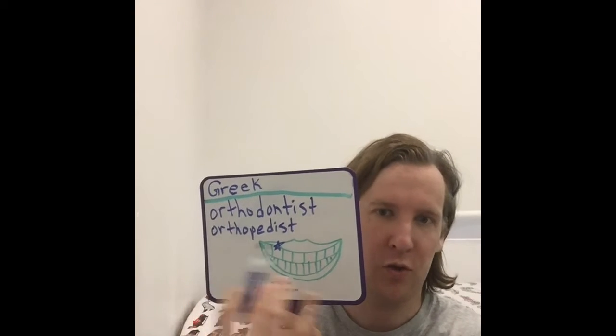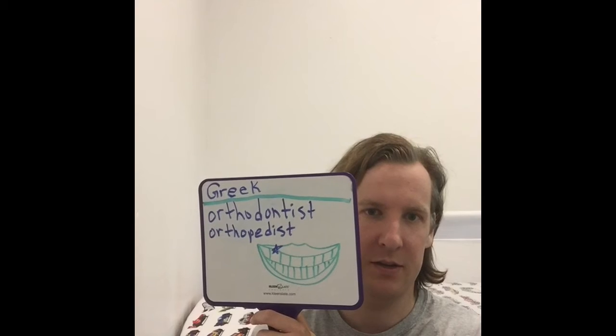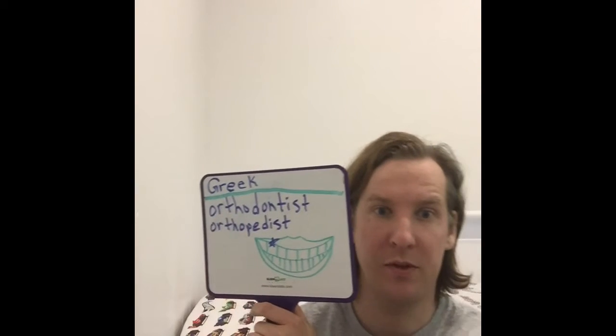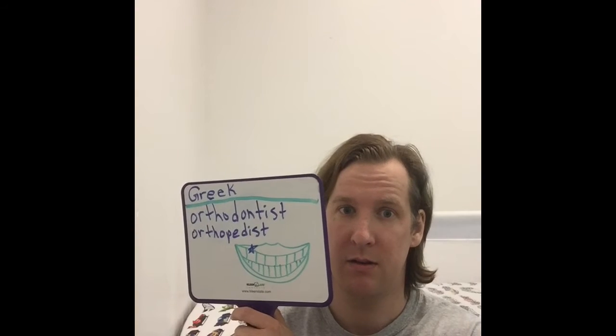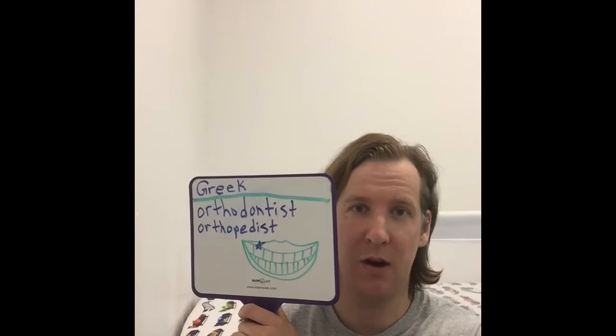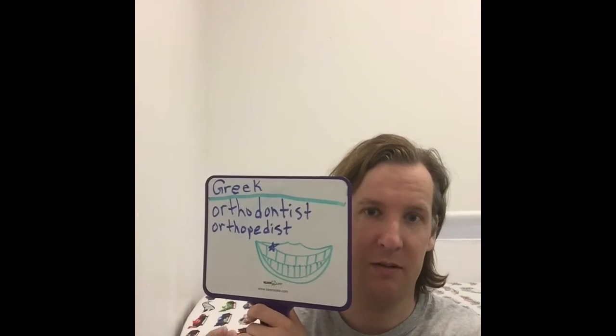So a straight row of teeth is what an orthodontist does. To correct someone's pain in their foot, maybe if they broke their foot or they kicked a soccer ball too hard, they would correct the pain and fix the problem in the foot.